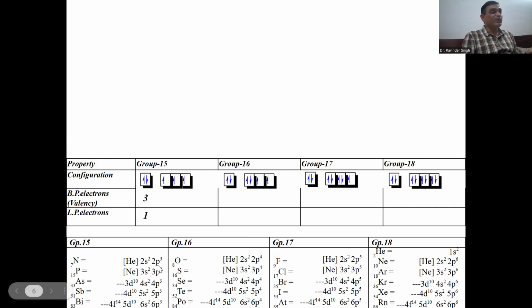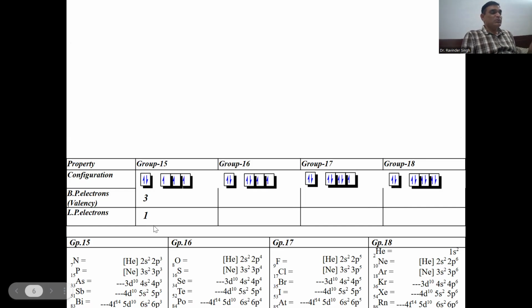So there is no vacant d orbital, so they cannot expand their valency. Their lone pair electrons cannot be unpaired. We can't unpair these paired electrons due to the absence of any vacant d orbital. So expansion of the valency can occur only in the remaining elements of these groups.